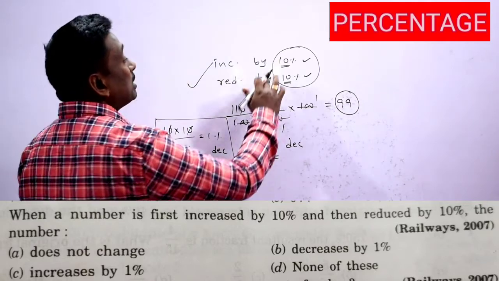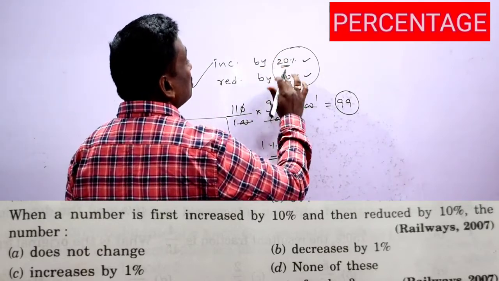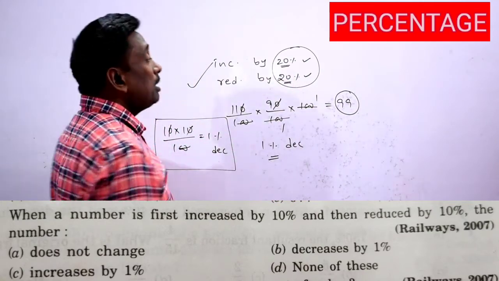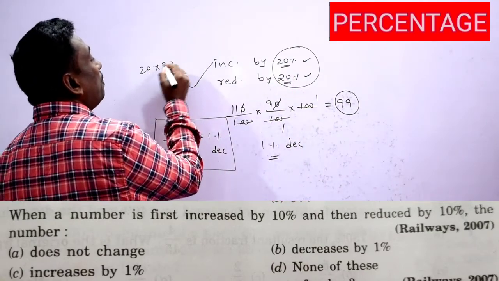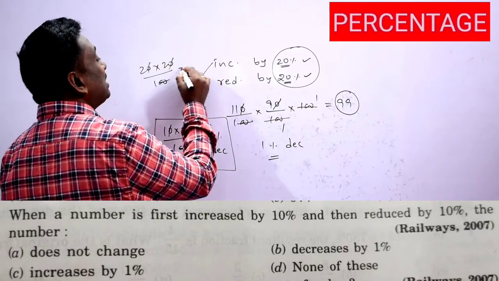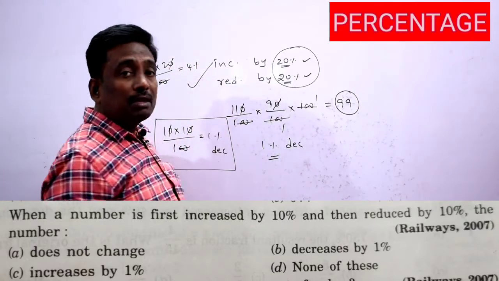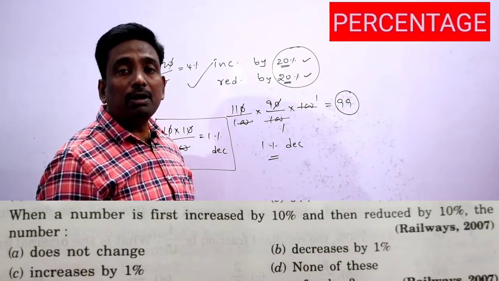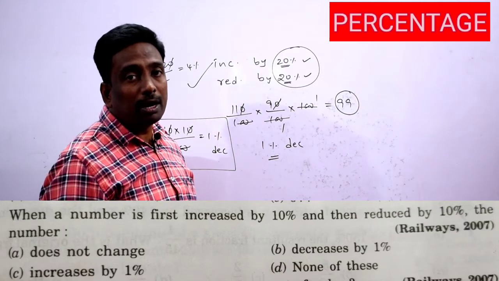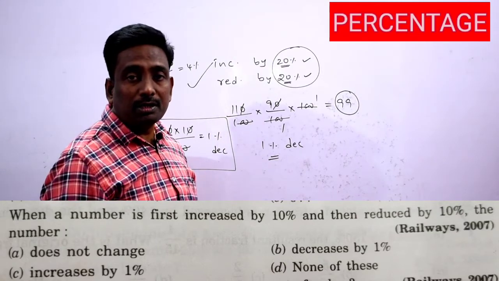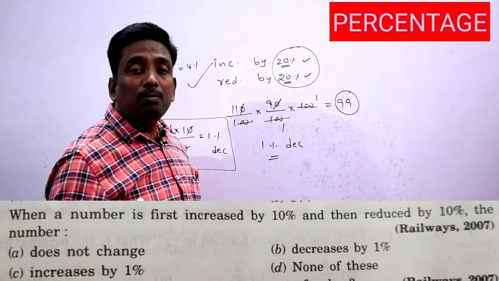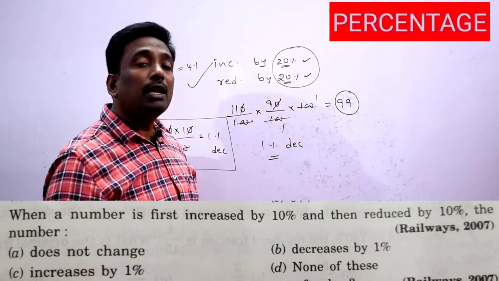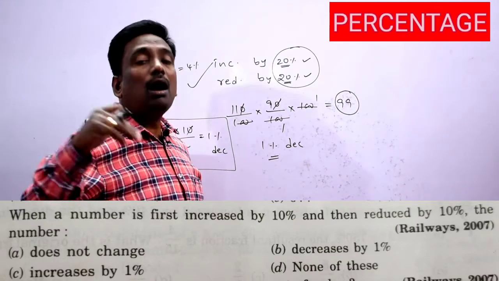Suppose a number is first increased by 20%, then reduced by 20%, what is your answer? Yes, 20 into 20 by 100, directly 4% decreased. If 30 was given, 30 into 30 by 100, 9% decreased. If 40% was given, 40 into 40 by 100, 16% decreased. This logic is applicable if both are the same percentages. Then only we can say directly that it is a loss or decrease.